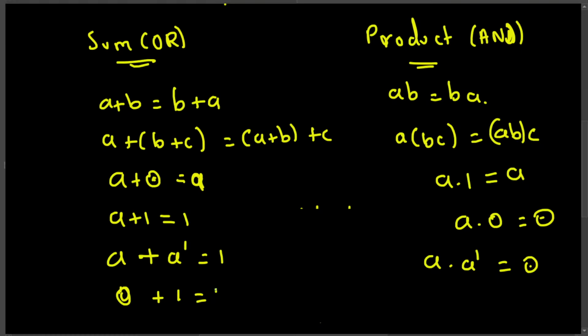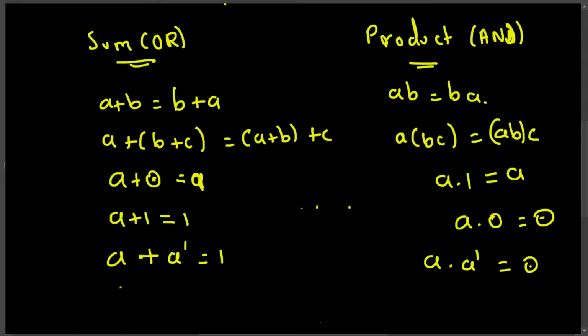So definitely it's going to be 1, because in an OR gate at least one of them has to be 1 to make the output 1. If you put 1 here, the complement is 0. If you put 0 here, the complement is 1. So anyway, we are going to end up getting a 1. So this is definitely 1.